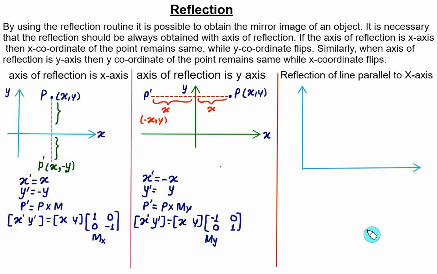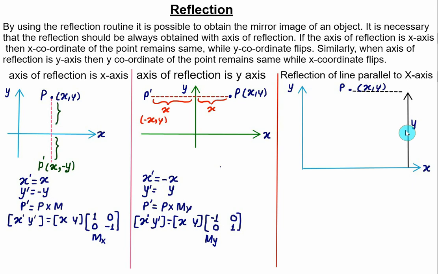Consider now the reflection about a line which is parallel to the x-axis. We'll represent here the x-axis, here the y-axis, and here the point P, x, y. The vertical distance above the x-axis will be equal to y units.